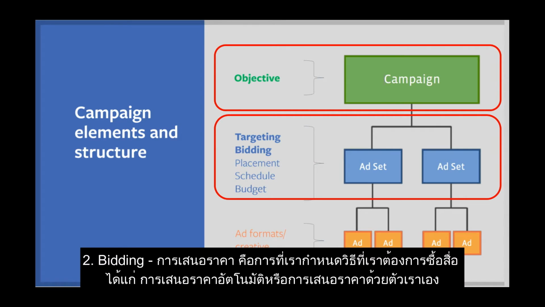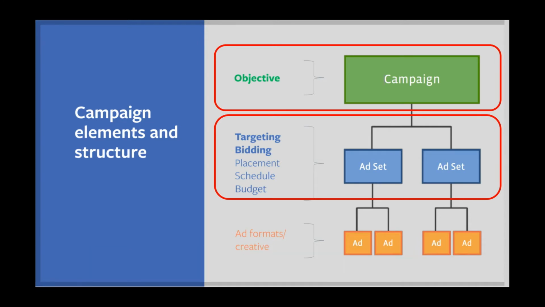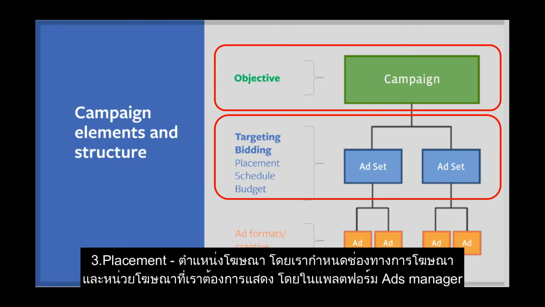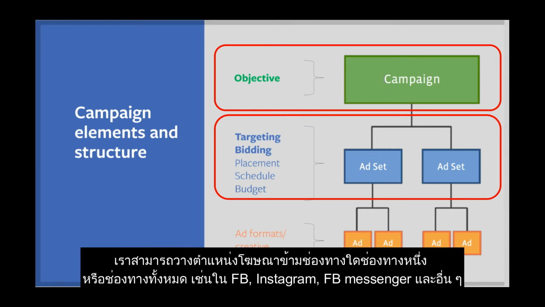Bidding is where you set how you want to buy the media, either automatic bidding or manual bidding. Placement is where we define what channels and ad units we want to play on. From the Ads Manager platform, we can place ads across all of their channels. That includes Facebook, Instagram, Facebook Messenger, and more.